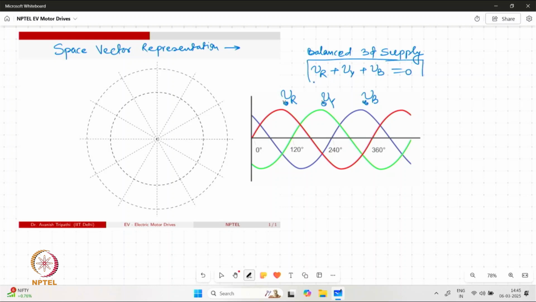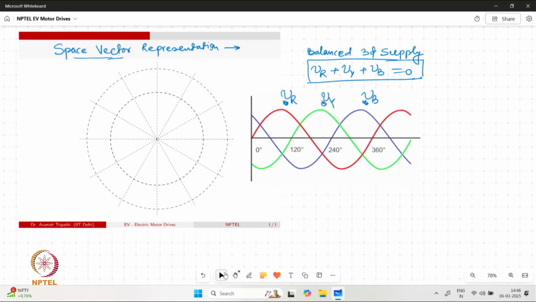The scalar sum of all three voltages is going to be 0. However, the notion of space vector suggests that we are not seeing these quantities as scalar quantities, but these are seen as vectors which are placed in space at uniform positions.